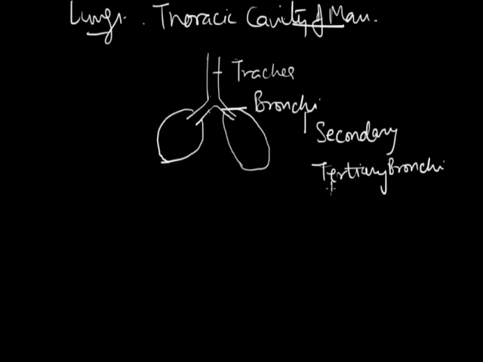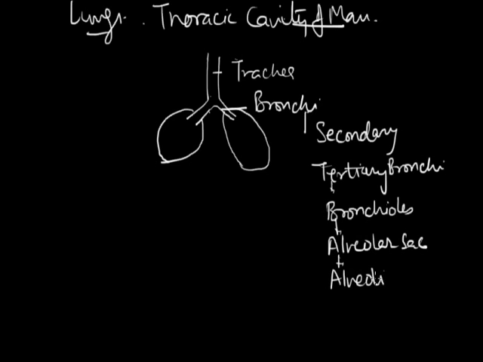These tertiary bronchi lead to bronchioles. Bronchioles lead to alveolar sacs, and alveolar sacs lead to alveoli. So this sequence from trachea to alveoli is known as the respiratory tree. One should remember the respiratory tree in the correct sequence.